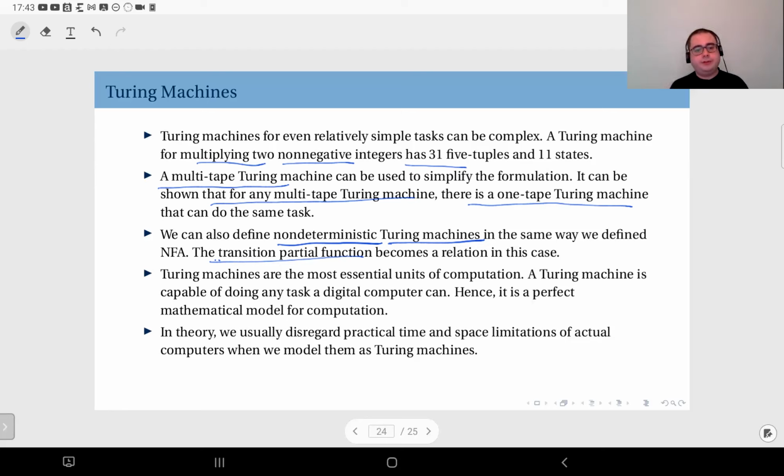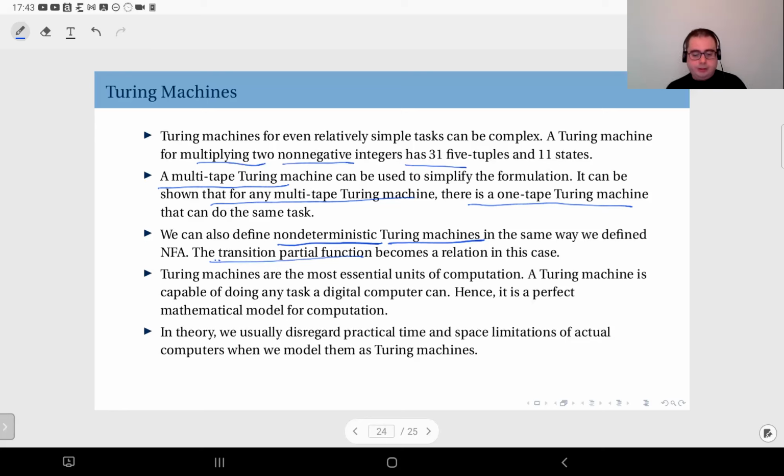But if you relax that, you don't have to have a unique transition for each configuration, and you end up with a non-deterministic Turing machine.